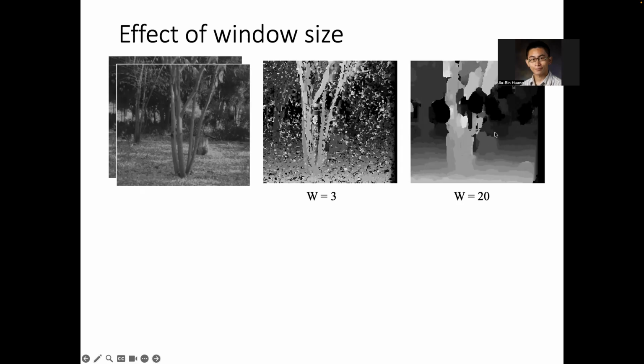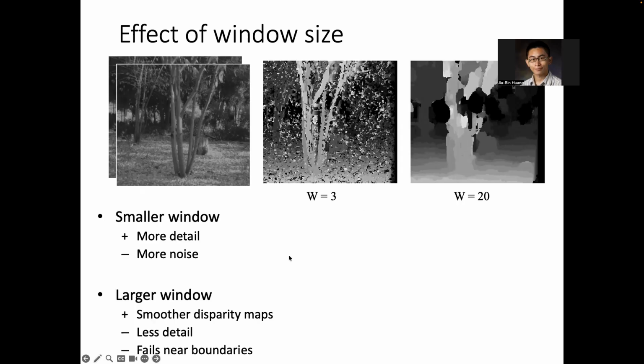So this is a fundamental trade-off in stereo matching. In words: small window, more detail but more noise; large window, smoother disparity maps but less detail.